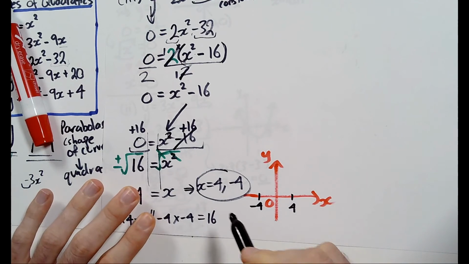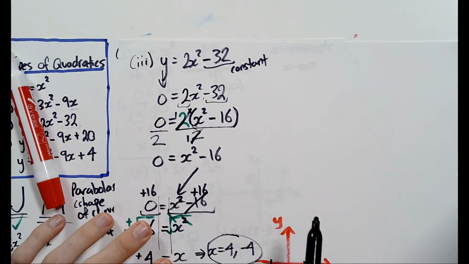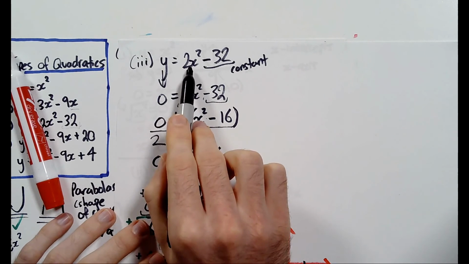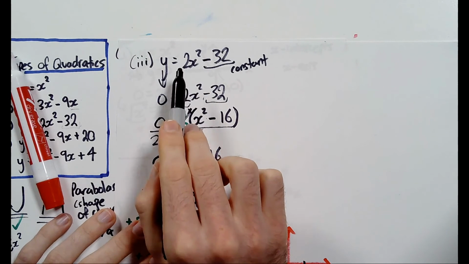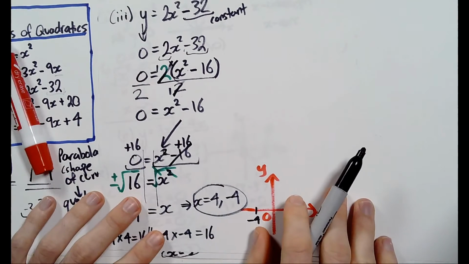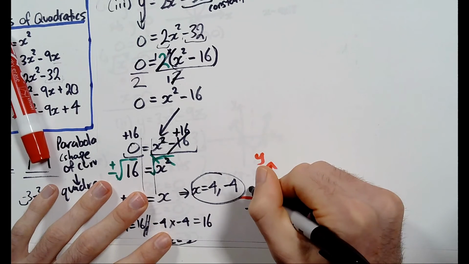And again, is it going to be an upward facing U-shape, a normal U-shape, or an upside down U-shape in terms of the parabola? Well, remember, is the number before the x squared positive or negative? It is positive. It's positive 2, right? There's always an invisible positive unless you see a negative. So that means it is upward facing, so I can draw this graph in.